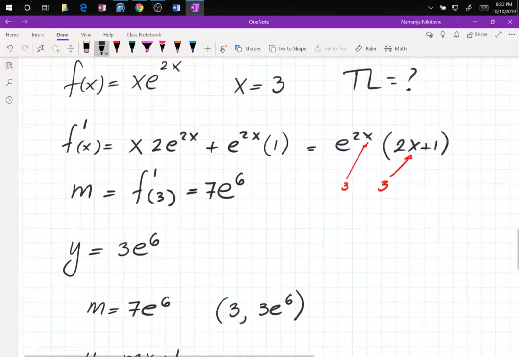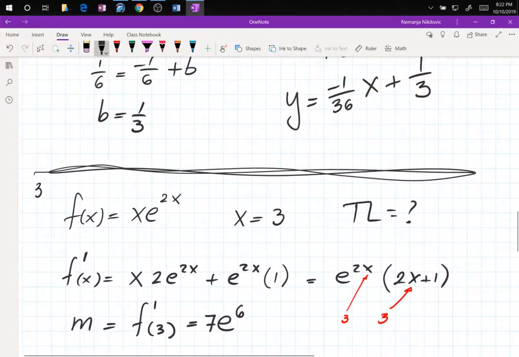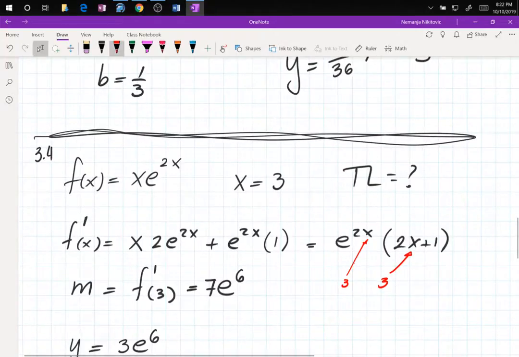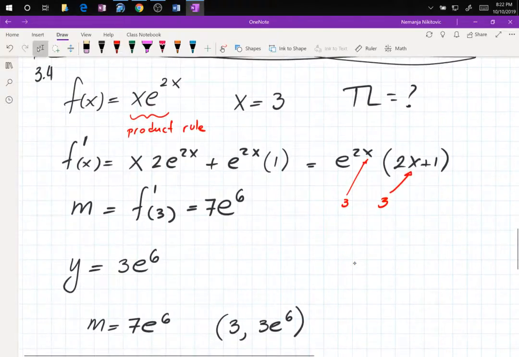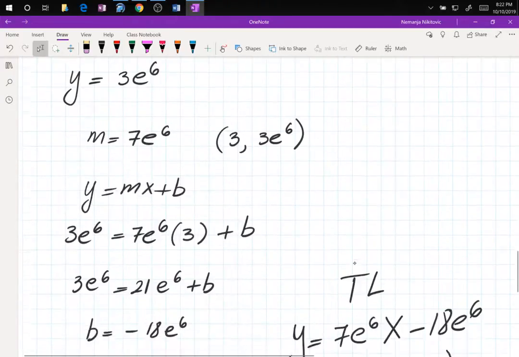Well, that's from 3.4, right? 3.4 used the product rule. We really don't care what kind of derivative we have for the tangent line. Every procedure for the tangent line is take the derivative with whatever you have to, and then plug everything in.